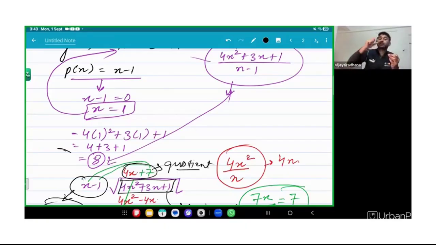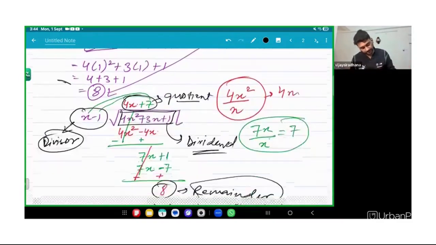If the remainder is 0, if it is completely divided, then only it is a factor. Otherwise, it's not a factor, it is a remainder. Now let's try one more example and you will get much more clarification.